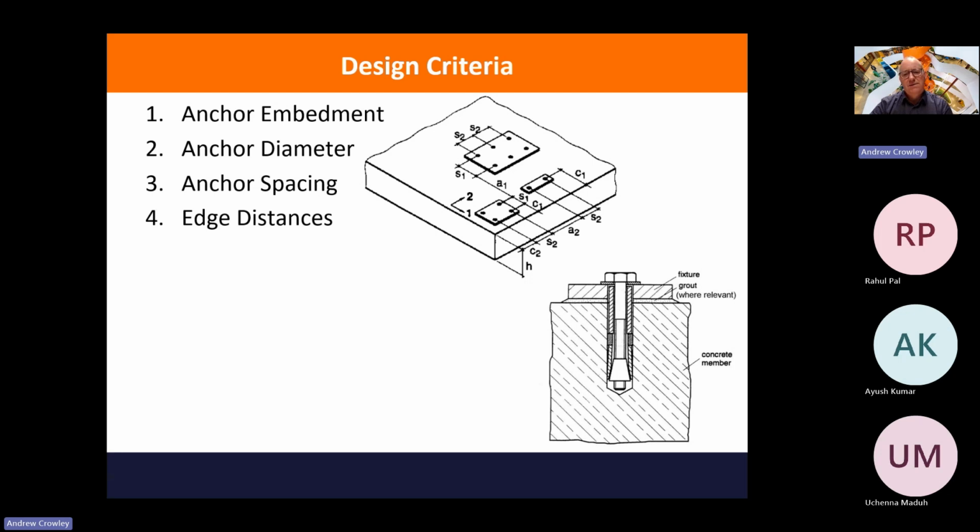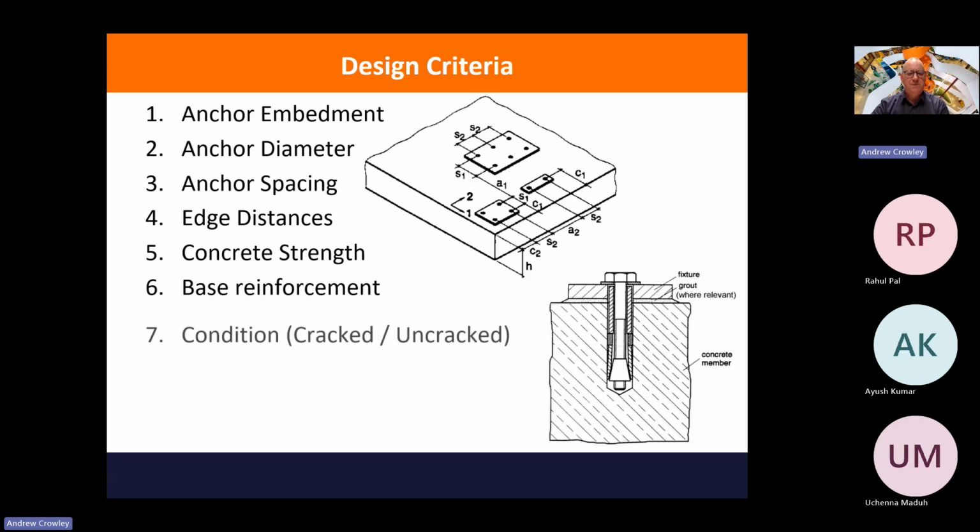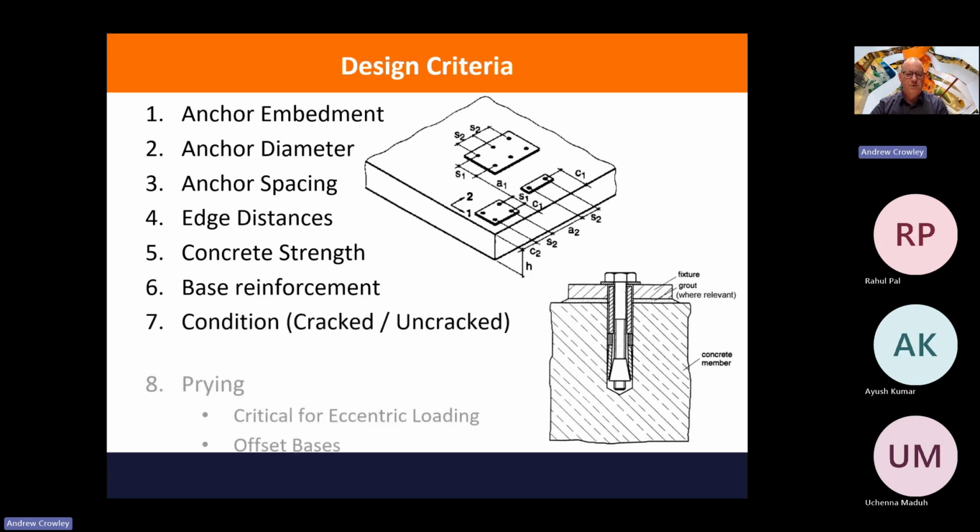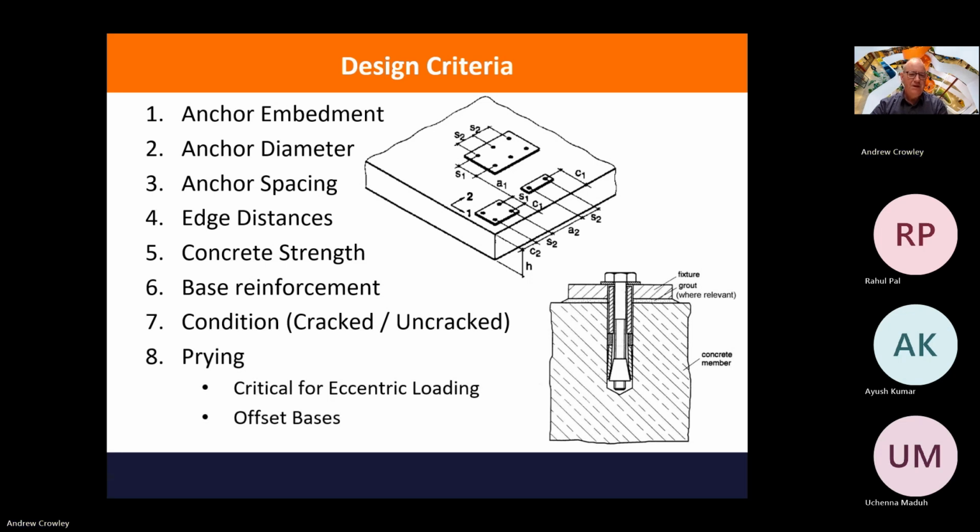So NZS 3101 gives you these diagrams, and you're talking about edge distances C1 and C2, as well as the spacing between the bolts of S1 and S2, and these can be your governing criteria. Also, to a lesser extent, concrete strength and the base reinforcement, and confirming whether you're in cracked or uncracked concrete, which we will discuss later. For eccentric loading or offset bolts, prying can become an issue as it increases the load in your anchors.